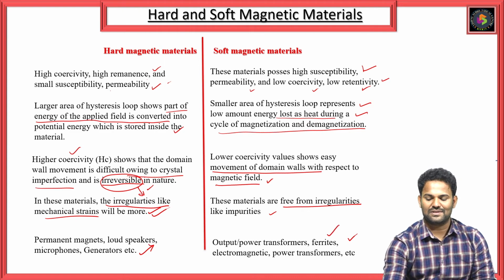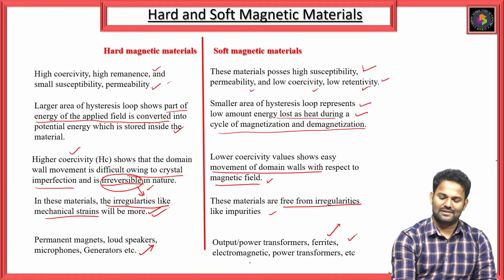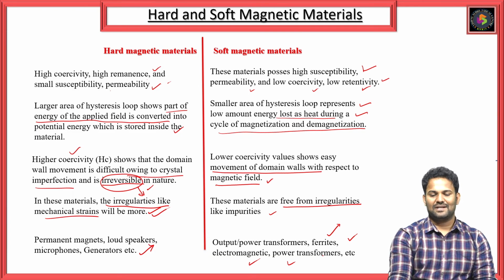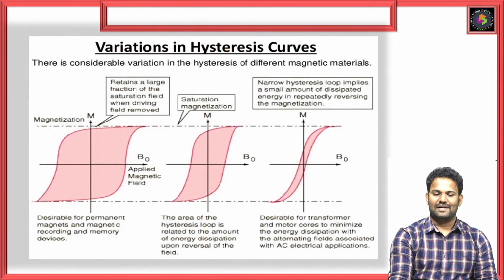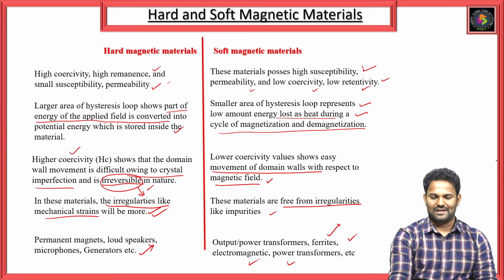These ferrites we use for memory as well as sensor applications. Electromagnetic circuits and power transformers also use soft magnetic materials. So these are the major differences between soft and hard magnetic materials.